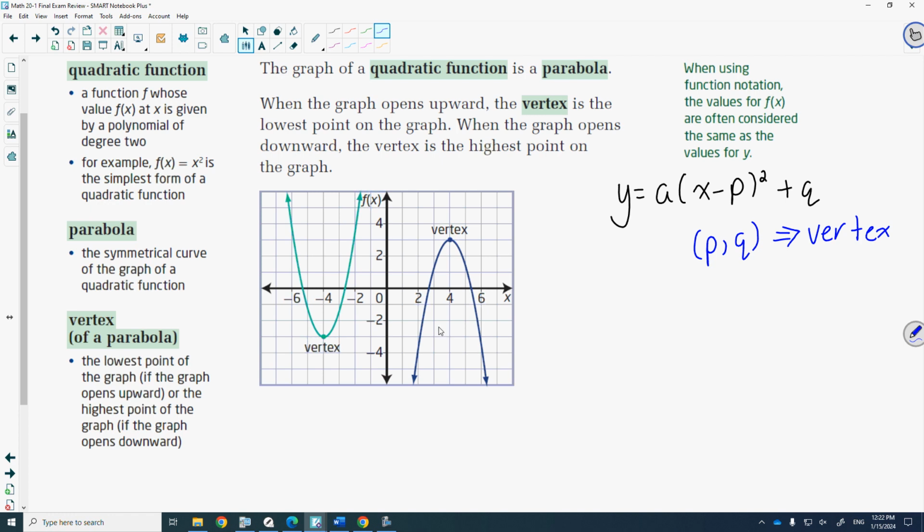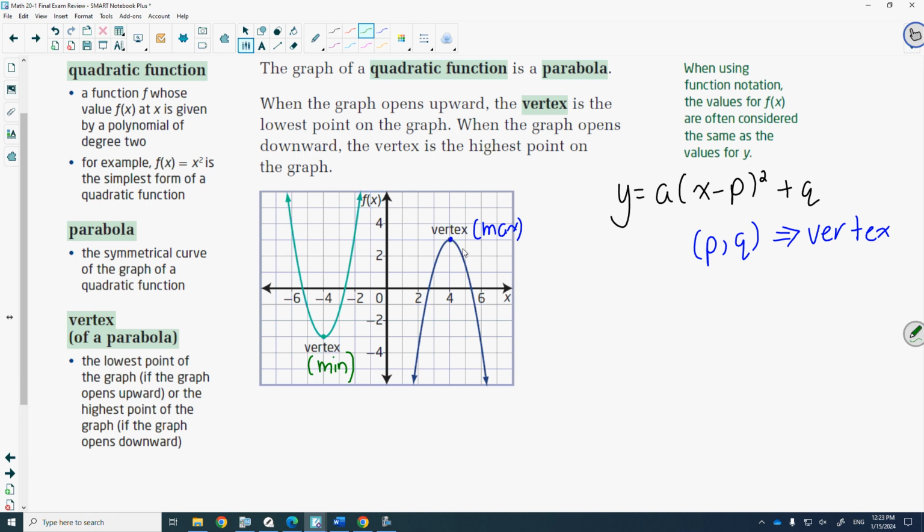So for this parabola right here, remember your vertex is either the highest point on your graph, the maximum. So this vertex would be a max versus the other vertex would be a minimum. It's the lowest point on the graph.